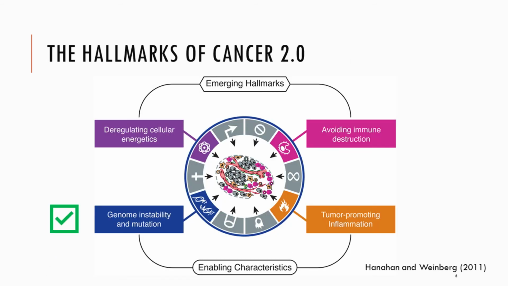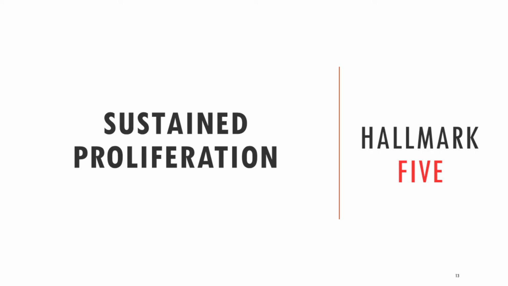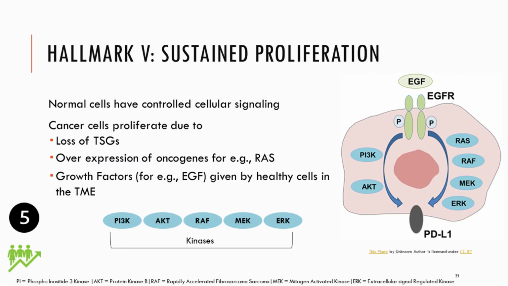So up until now, we have mutations in the genome, we have loss of checks, and we have loss of apoptosis. And since there is no check and balance, the cell continues to grow. So this unobserved, uncontrolled growth pattern of cells leads to hallmark number 5, which is sustained proliferation. Now the cells are receiving signals to grow because no cells are receiving signals to die.